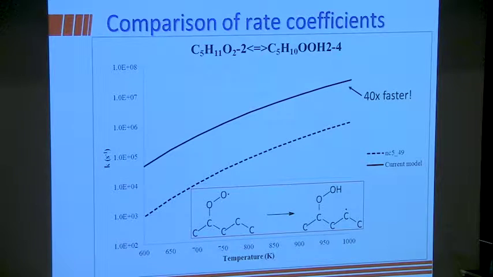They're 40 times faster. And that's just one example of them all. They're all in that range. Okay? If the rate constant for isomerizations should be 40 times faster, then that means that the reactivity of the system is going to be substantially faster if I use those rate constants. Okay? So what's that going to do to my mechanism predictions?